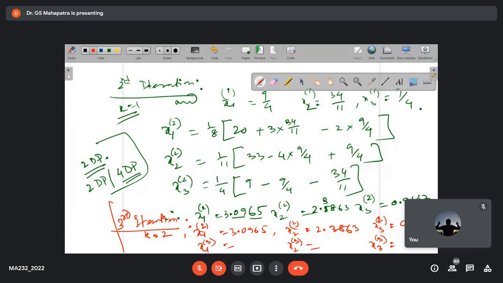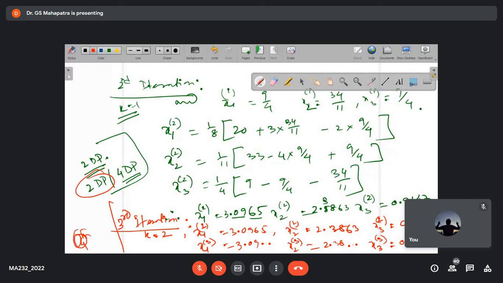So right now you are in the third iteration. What is the stopping criteria? It is 2 decimal places. If your answer is 3.09 or something, and 2.38 and some other decimal, 91, then you can stop here in the third iteration. If it is not like that, then you have to go for the fourth iteration and so on.